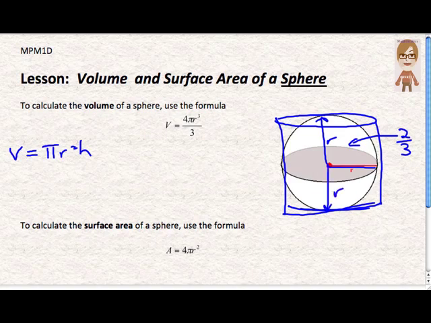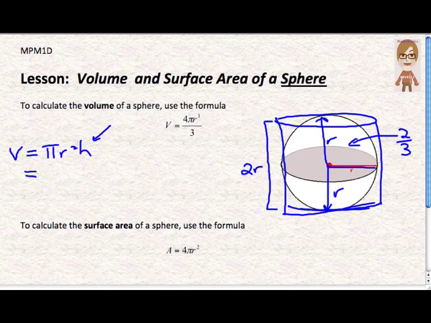So if we want to try and eliminate some of the variables, the height of the sphere, really, and the height of the cylinder is 2r. It's the diameter of the sphere. That is the height of the cylinder. So instead of using height in this formula for the cylinder, we're going to use 2r instead.